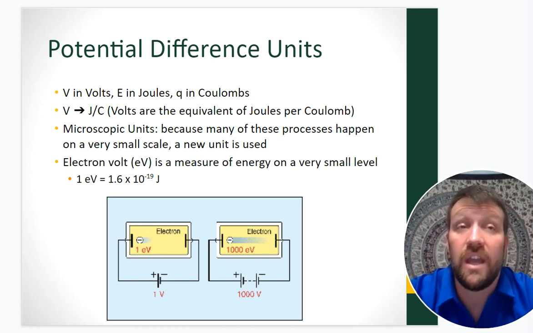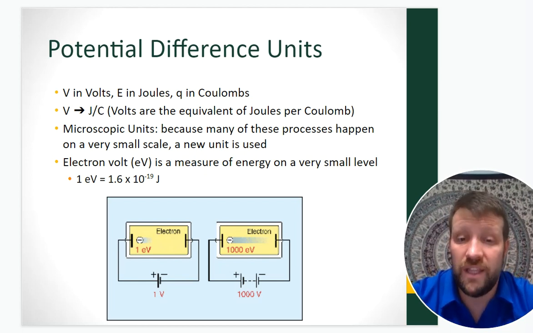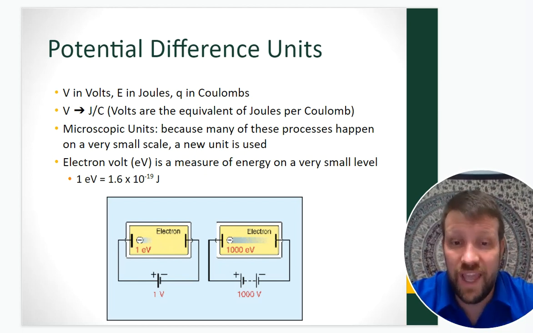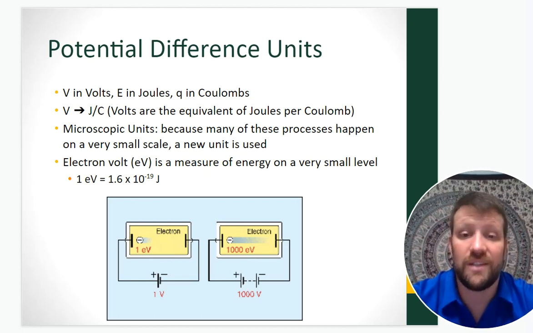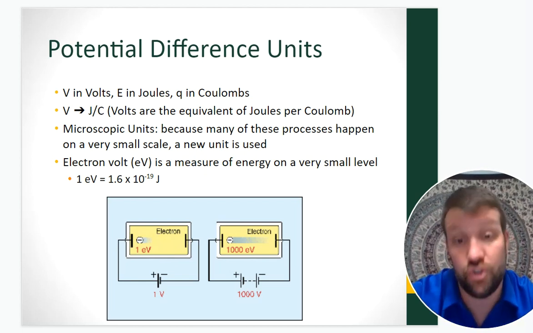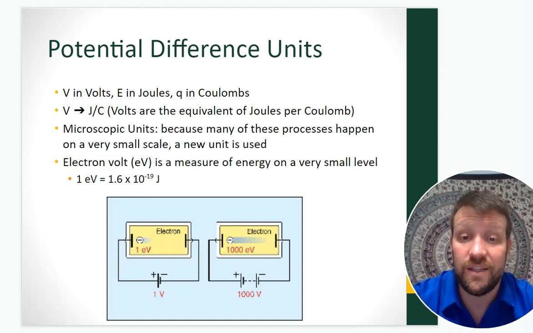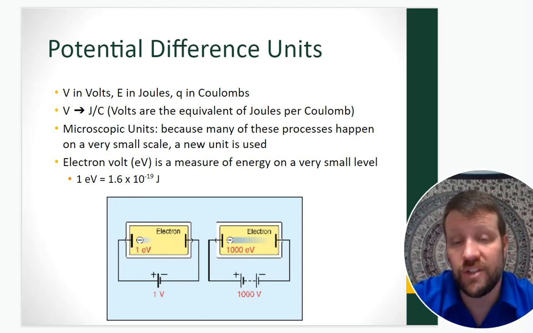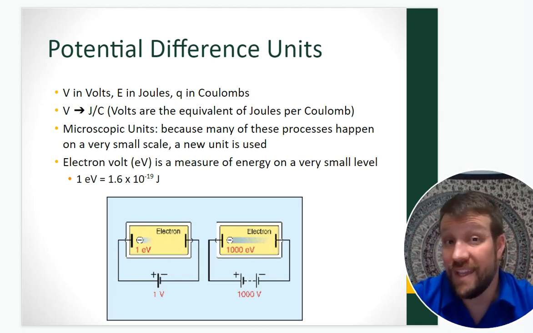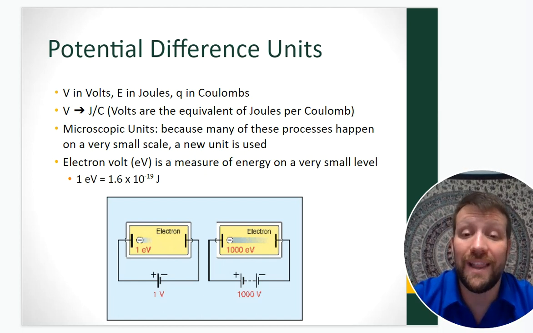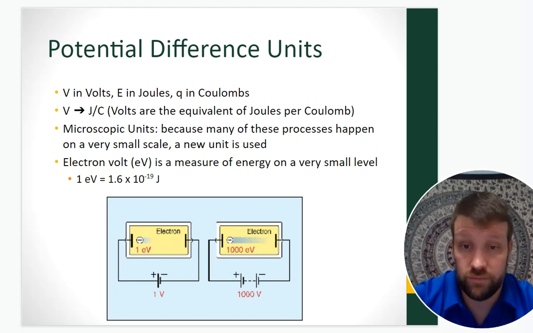So there are equivalent microscopic units to help us, so that we don't have to constantly say this crazy number, 1.6 times 10 to the negative 19 joules. That is the charge of one proton, because it's positive, or if it was negative, one electron. Instead of saying that, we're going to say it's one electron volt, and we're going to make that equivalency there.